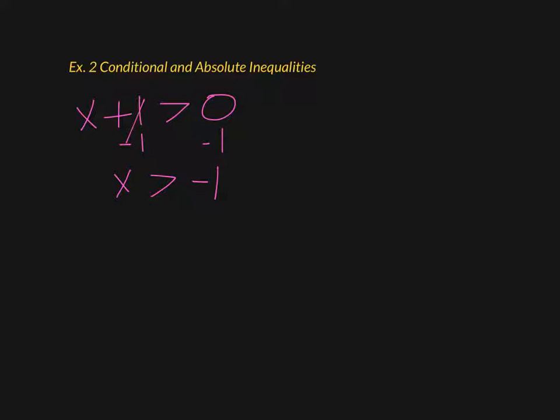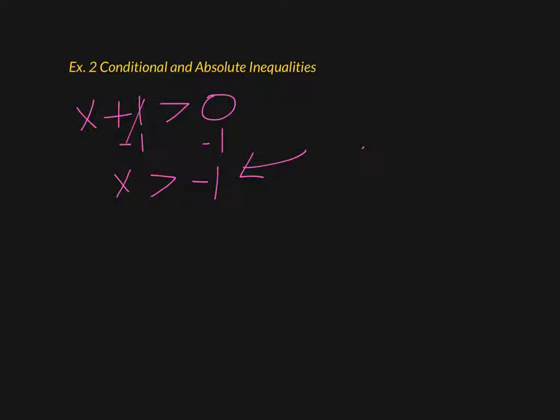Solutions to inequalities are different from equations because this right here is an interval of numbers. So it could be negative 1. Well, actually, no, it can't be negative 1. We'll talk about that later. It has to be greater than negative 1. It can't equal negative 1.